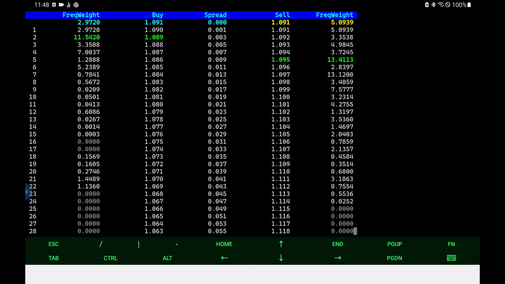The buyers want to buy at or below 1.089, while the sellers want to sell at or above 1.095. So through this combination, we can see the range.